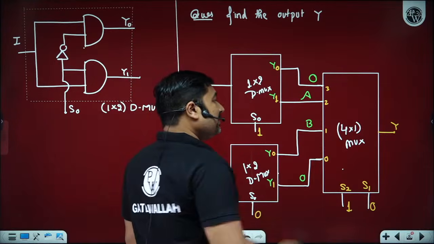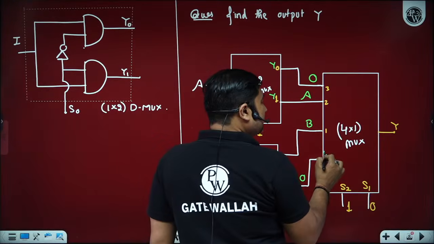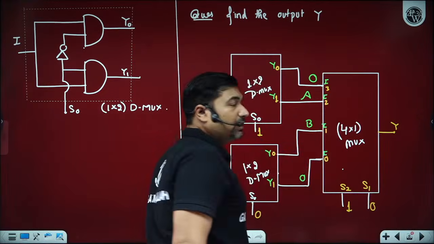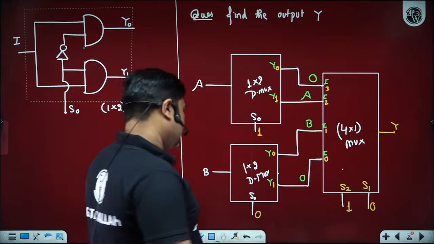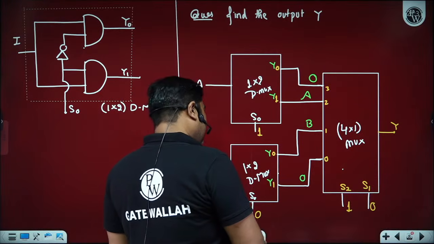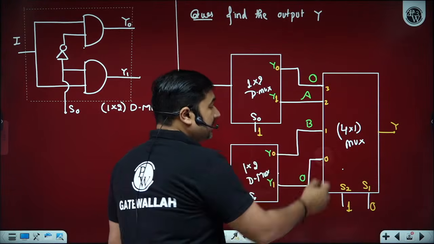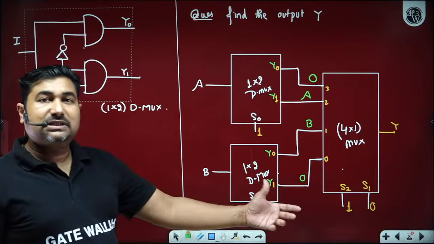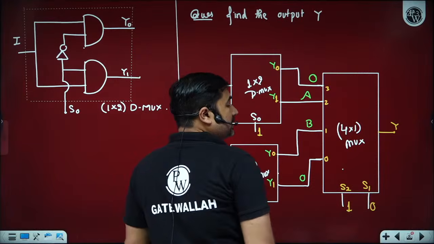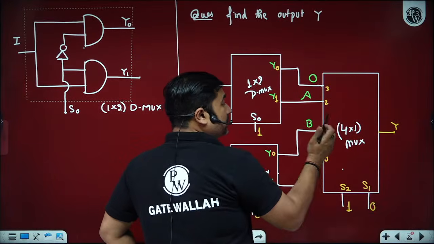In the same way, inside the multiplexer, these represent I0, I1, I2 and I3. How many of you are able to understand? Great, sir. The demultiplexer has a standard representation, but the multiplexer will have a different kind of representation. For 1 0, input 2 is going to be selected.